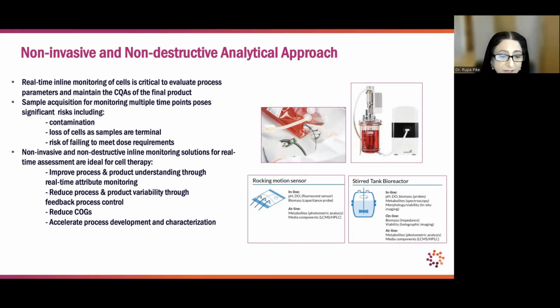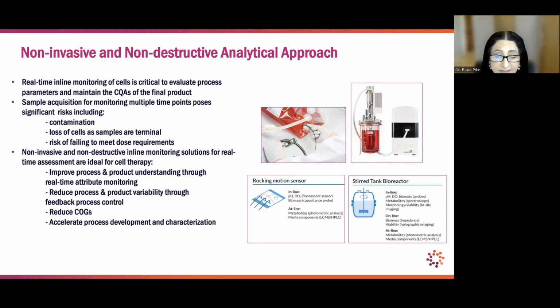In order to avoid this problem, newer advancements such as the use of non-invasive, non-destructive cell analysis technologies have been implemented by many sponsors and manufacturers. Such technologies allow for sample acquisition and monitoring at multiple time points without significant risks of contamination, loss of cells, and risk of failing to meet the final dose requirements.